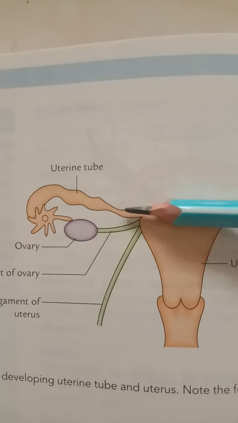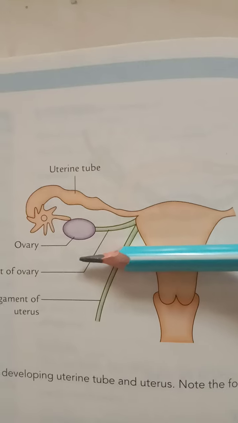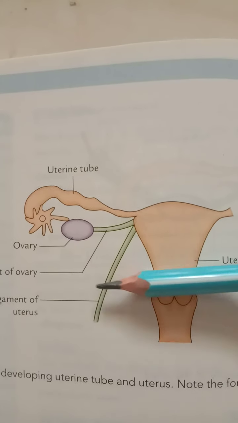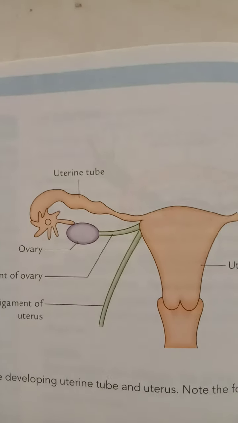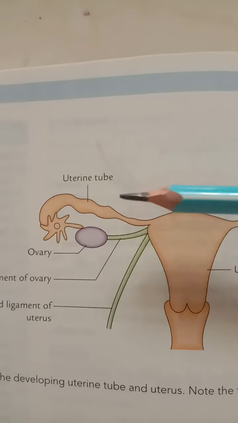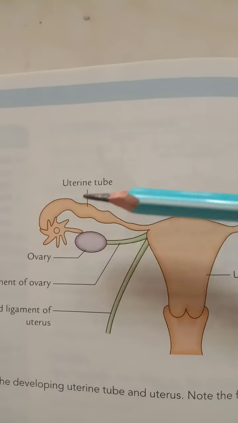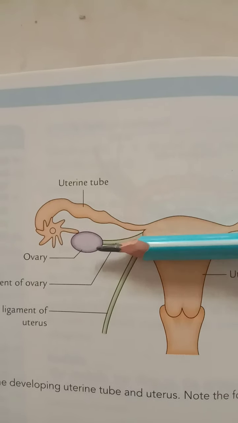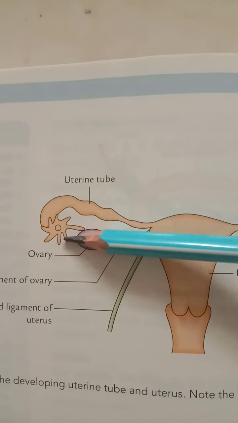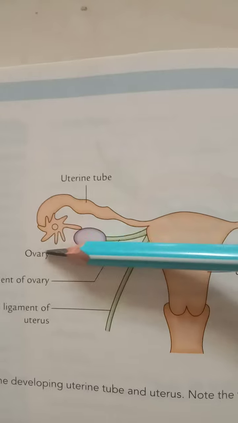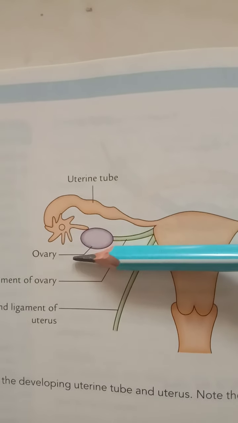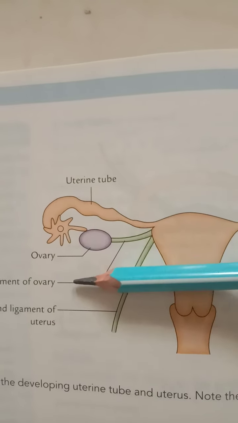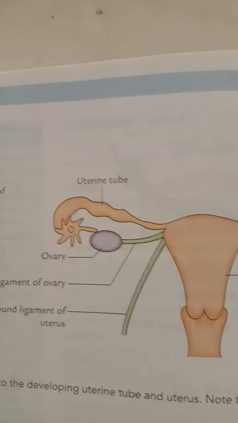Then it curves downwards and inward to partly encircle the ovary. The abdominal ostium is 3 mm in diameter and its margin possesses irregular small finger-like projections. Here you can see, they are called the fimbria. Hence it is known as the fimbriated end.